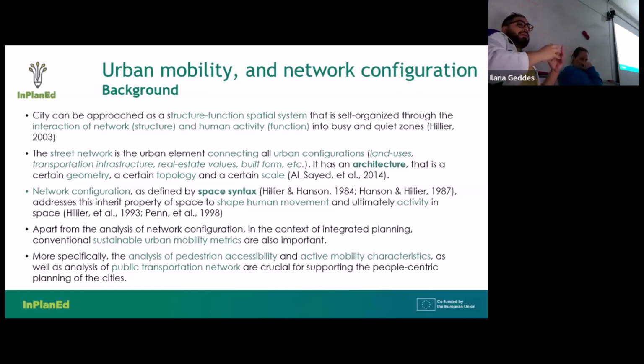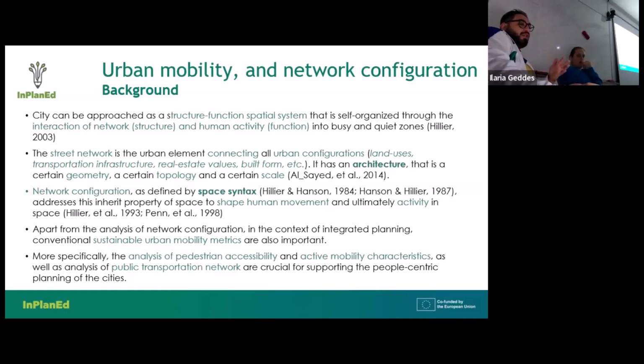The street network is the urban element connecting all urban configurations, and as such has an architecture that is set in geometry, topology, and scale. Therefore, Space Syntax tries to quantify and conceptualize this property of space to shape human movement and ultimately activity in the city.